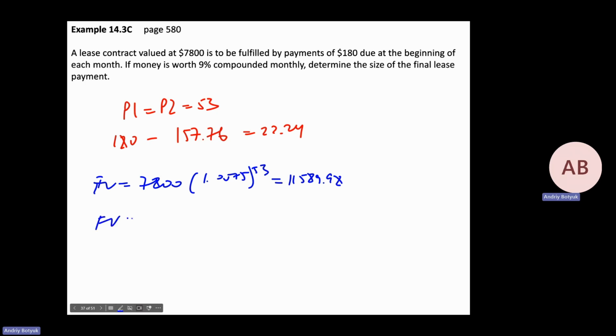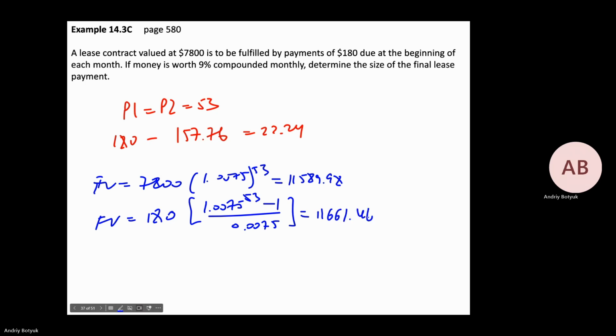And let's just find, so third method doesn't work here. What I want to try is just normal annuity, not due, and see what happens. No, it doesn't work.